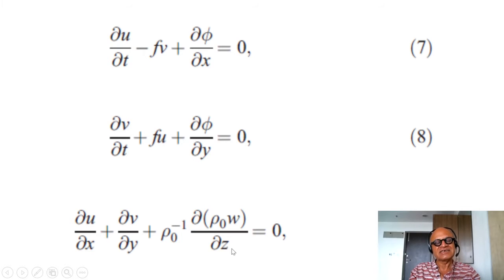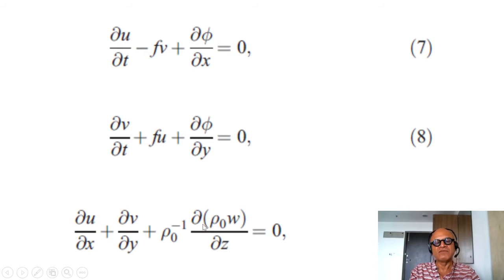And here z is not the z coordinate in the Cartesian system, it's a pressure coordinate, basically because the atmosphere is a compressible fluid, and we want to keep density, a variable density, out of the system to make the equation simpler. Plus, density is in general an inconvenient variable. You cannot measure it like pressure and temperature.